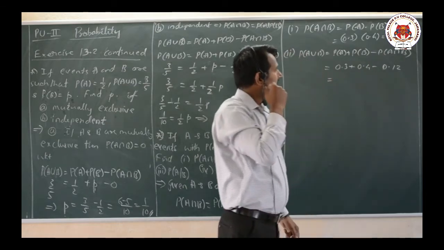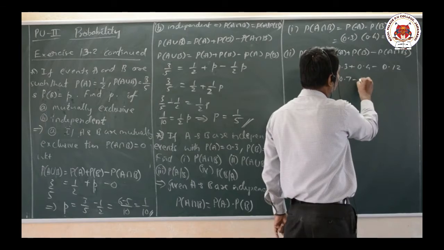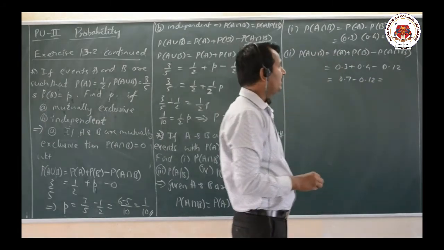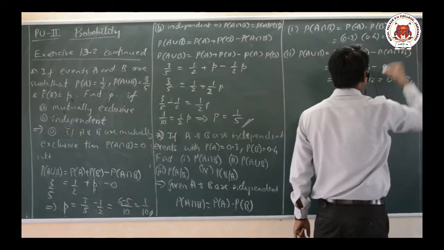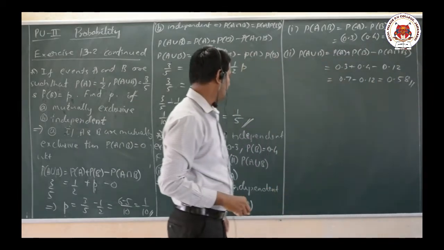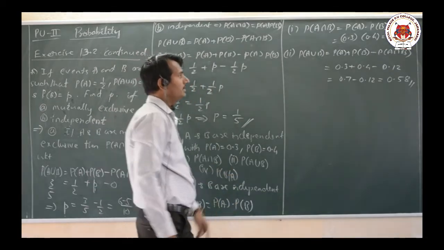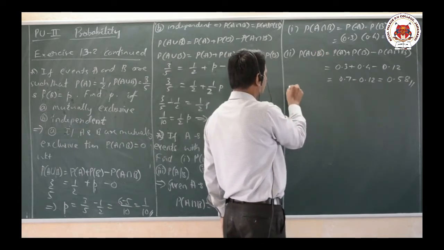Now what we get is 0.7 minus 0.12, that means we get 0.58. That is the value of P of A union B, the second one. Now let us move on with the third one.